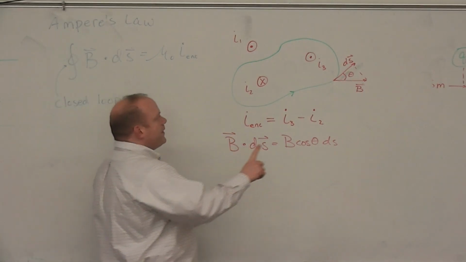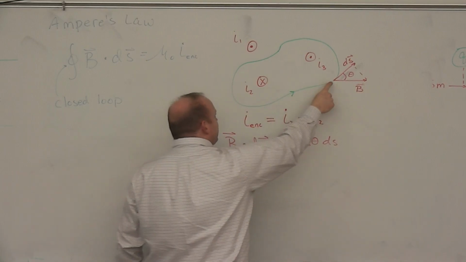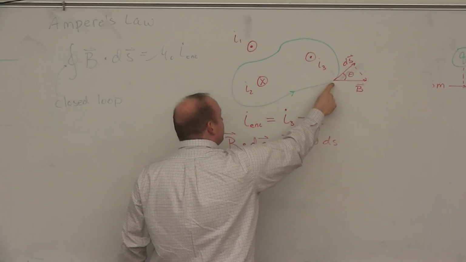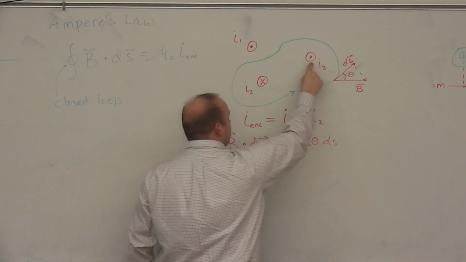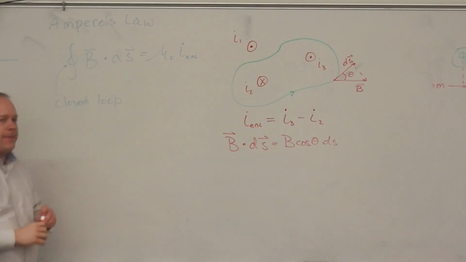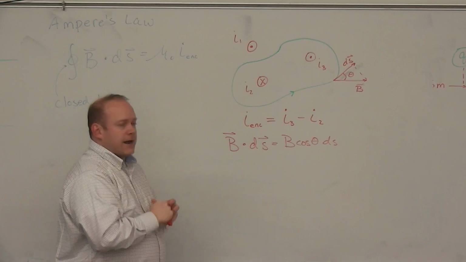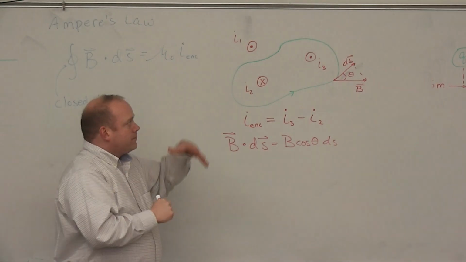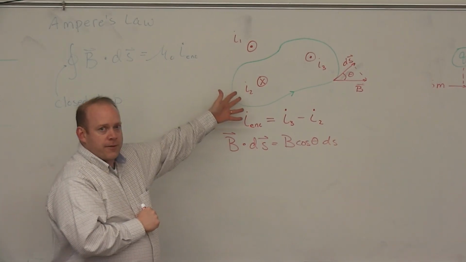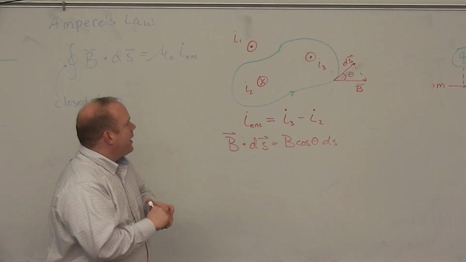Now, one thing that's important to note, this B has to do with the magnetic field at this location. The magnetic field at this location is caused by this and by I1, which is outside our Amperian loop. You might say that's odd that I have something that's not inside of our Amperian loop causing part of the magnetic field that we can solve for. Okay? Well, here's the thing.